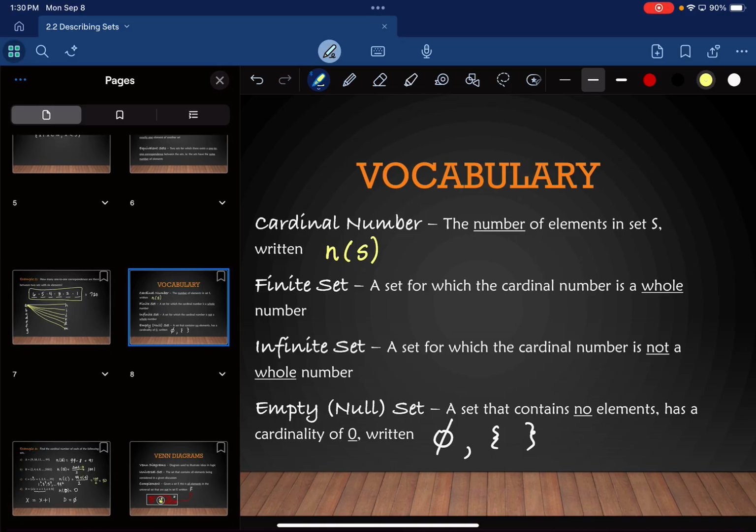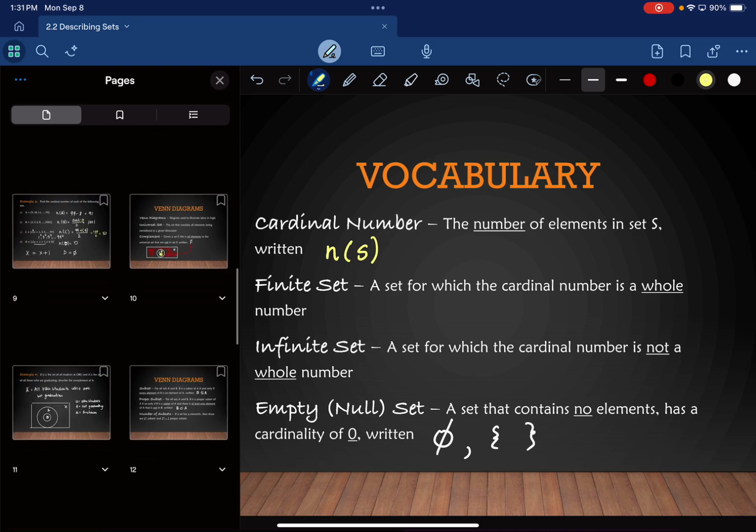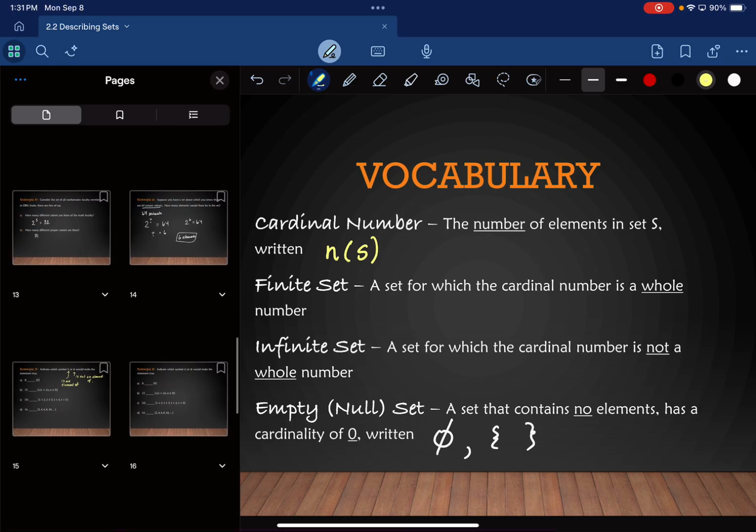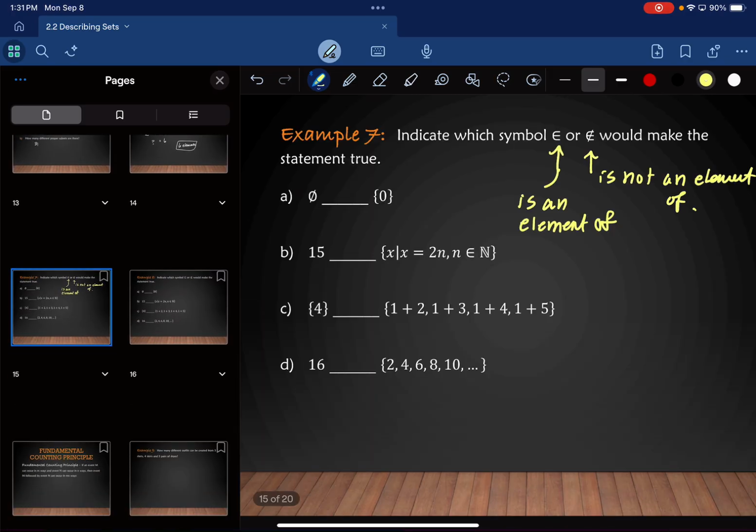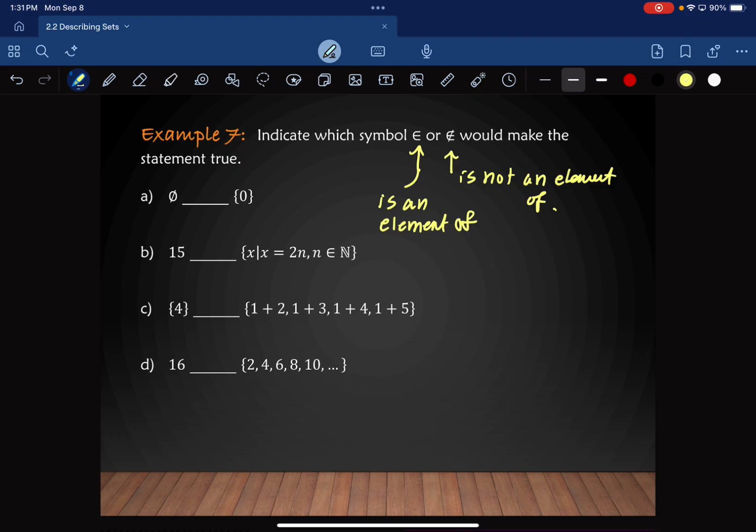But for the point of what we're talking about right now, it's an empty what? Set. It's not an element. It's a set. Are you guys with me? So on the problem we're working on, do I use an element symbol or a non-element symbol in that blank?